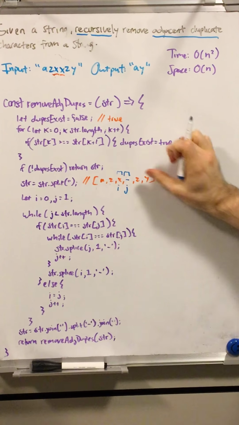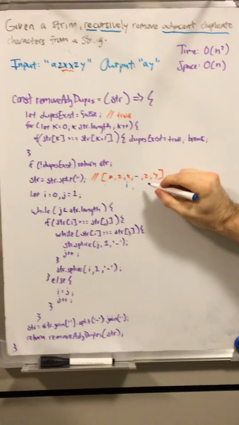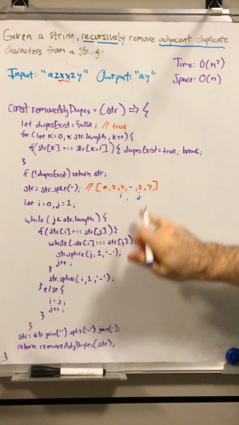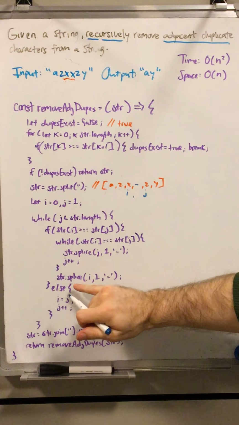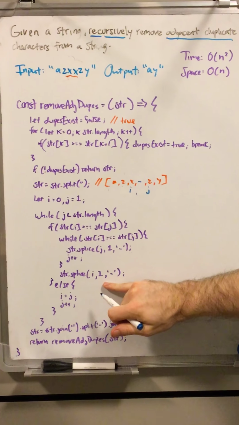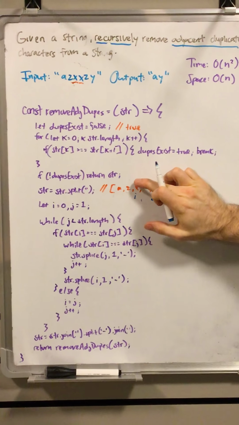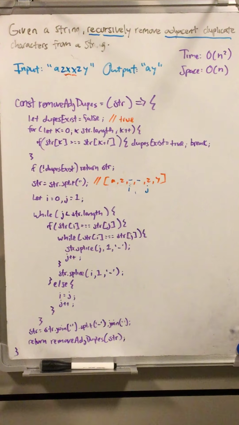And then we're going to increment j. So then j is going to increment up to z. x and z don't look like each other anymore. So then we break out of this while loop. And then we are going to splice the element currently at i, which is x, and replace it with a dash mark as well.